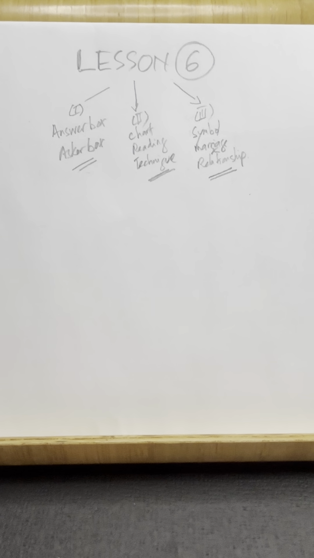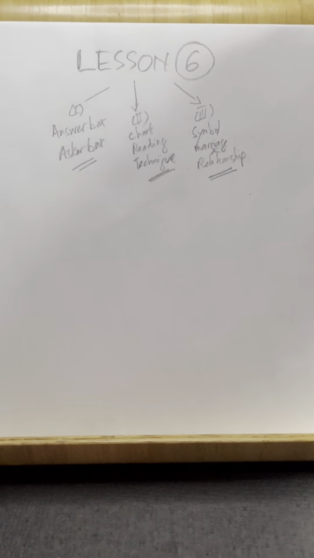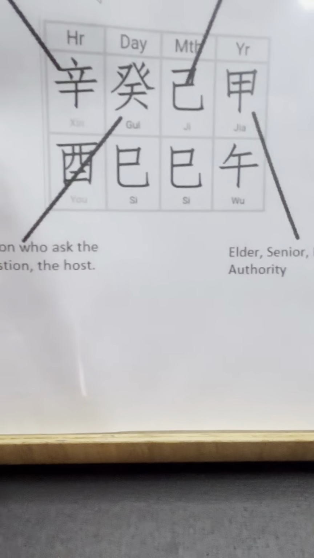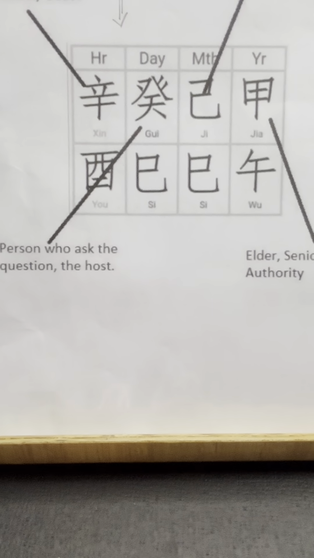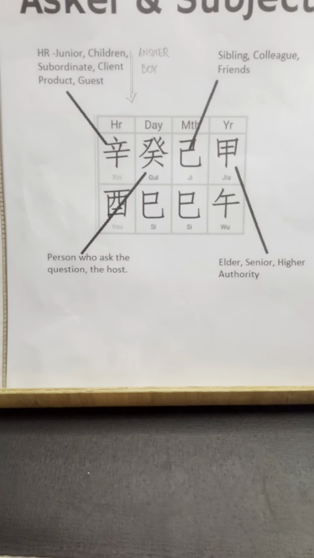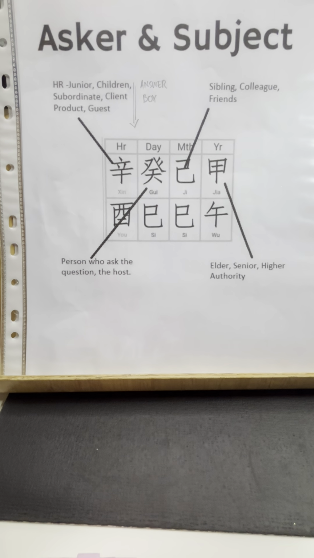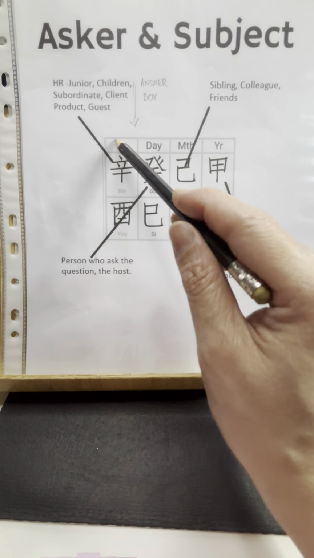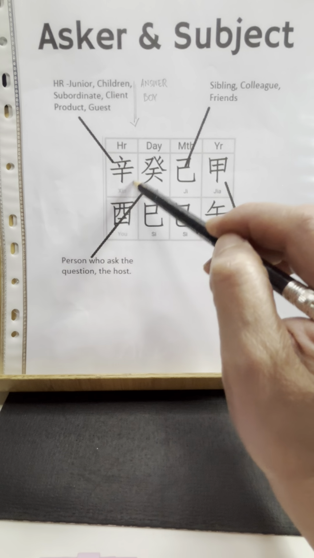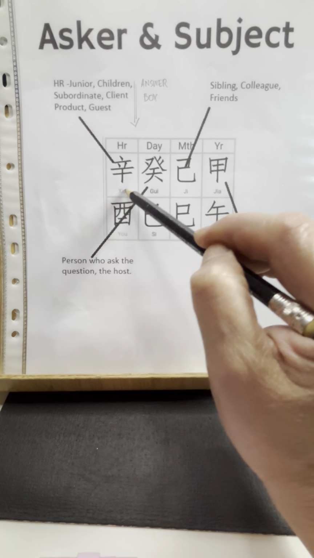So let's start with the first one, how to identify the answer box and asker box. The hour stamp is where we find the answer.